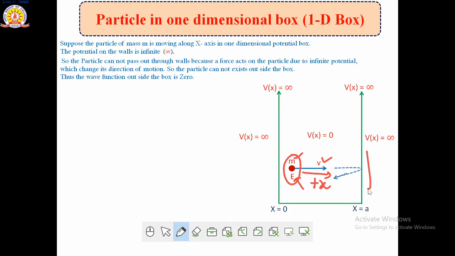That potential box has dimension small a, which is the width of the 1D box. At the wall the potential energy of the particle is infinite, so it is considered infinite at the wall and outside the box.